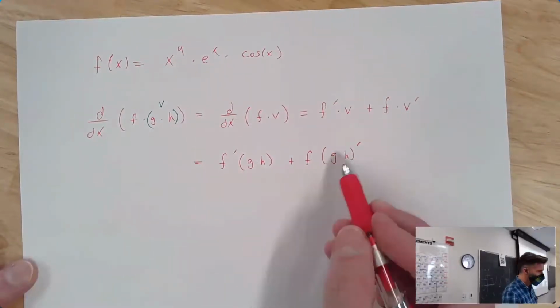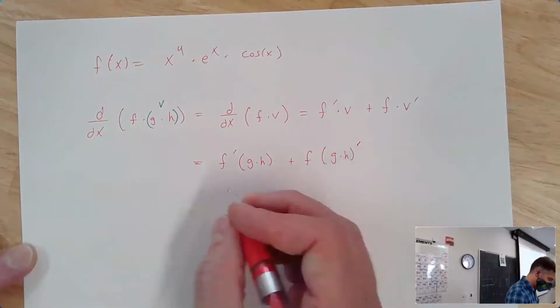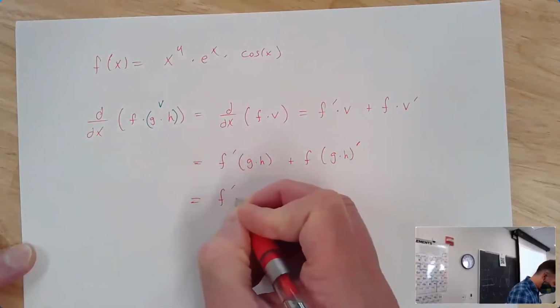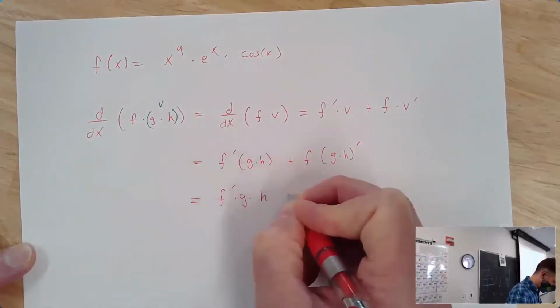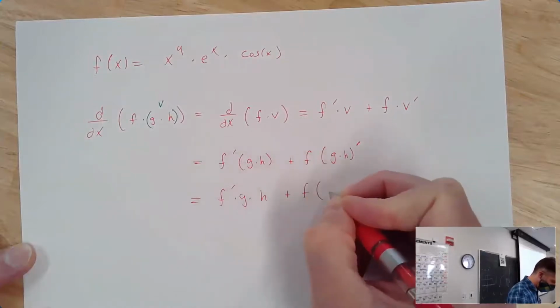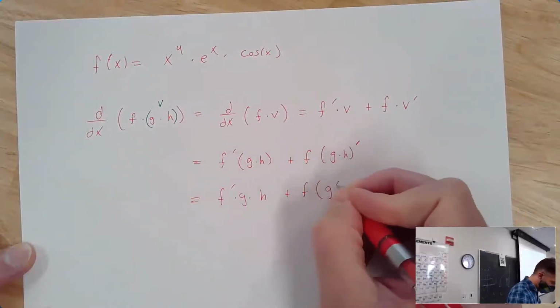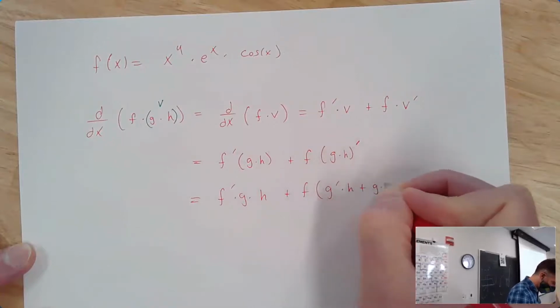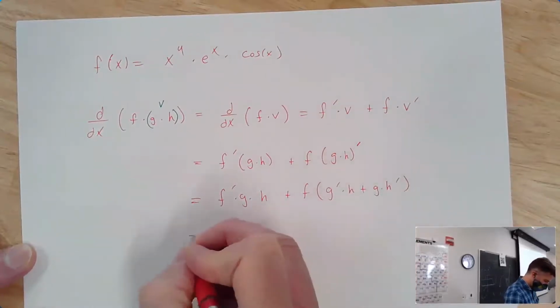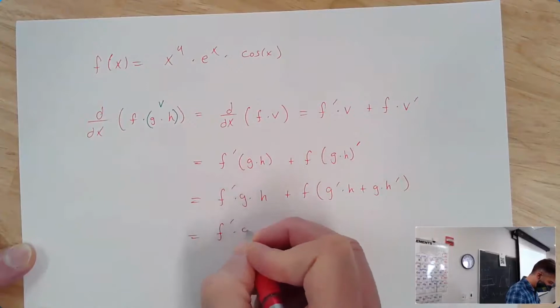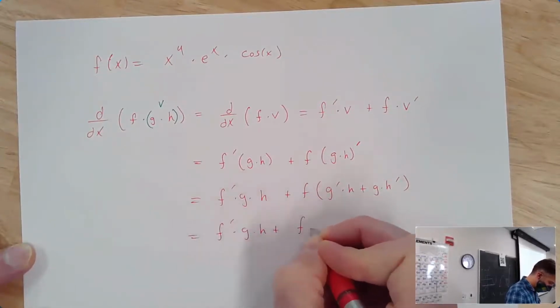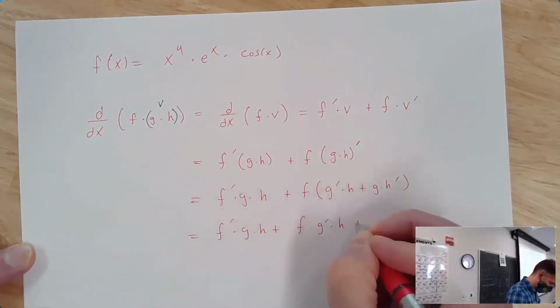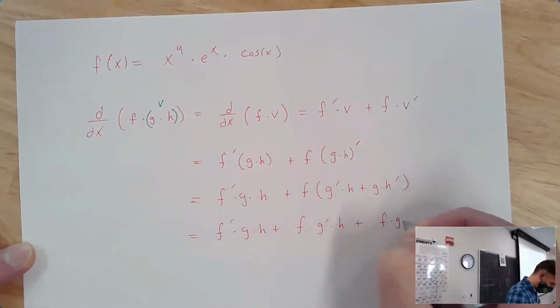The derivative of g times h necessitates the product rule. This is going to be f prime times g times h plus f times, now the product rule, g prime times h plus g times h prime. Or f prime times g times h plus f times g prime times h plus f times g times h prime.